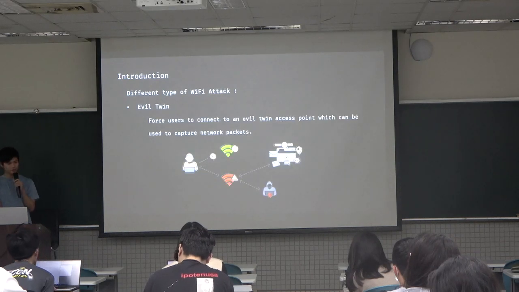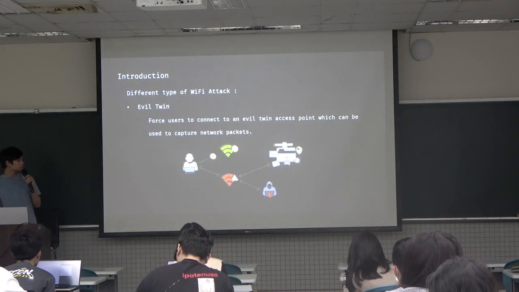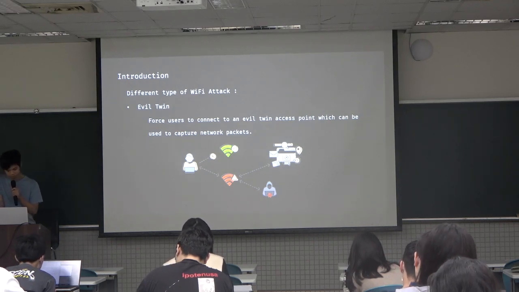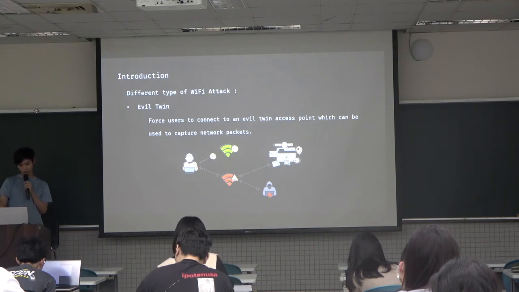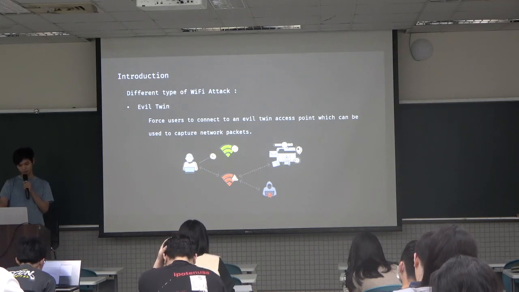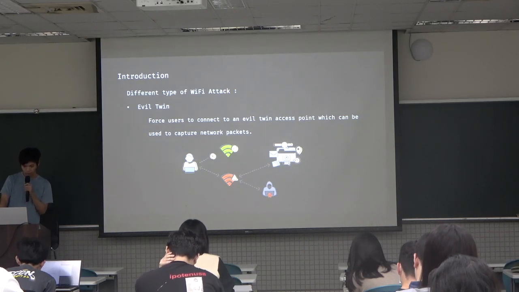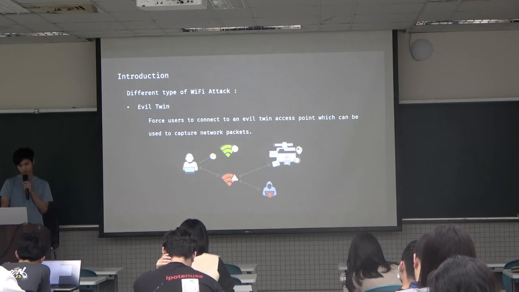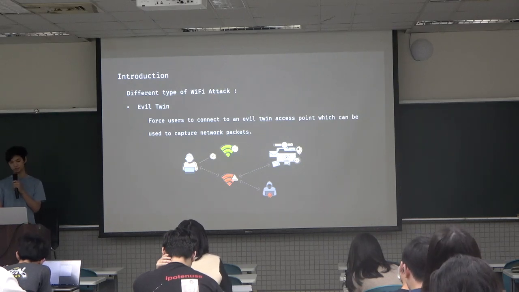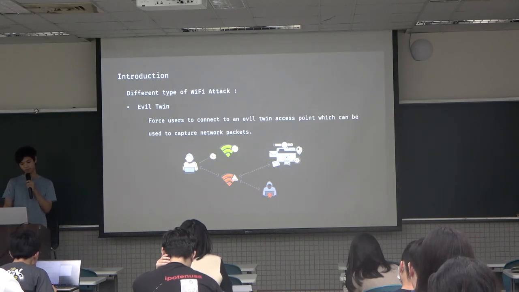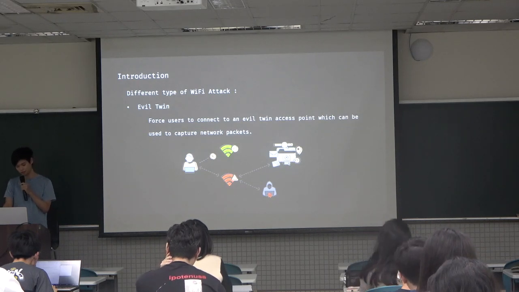The third one is evil twin, which is easy to perform in a free Wi-Fi area. We know that in public areas there is free Wi-Fi, and what evil twin does is the hacker will make or fake another access point that has the same SSID as the free Wi-Fi access point, and maybe the same MAC address.